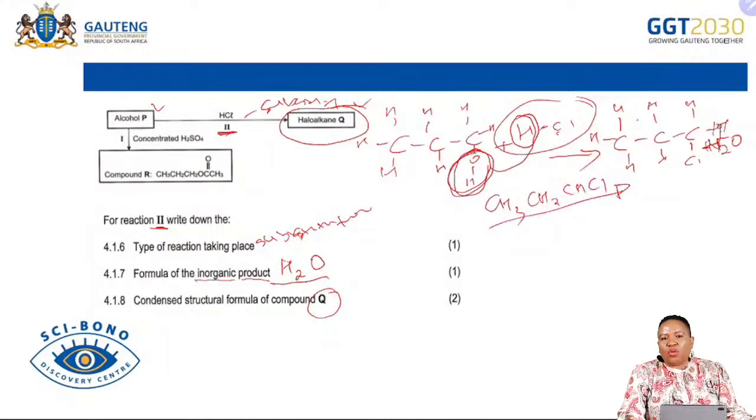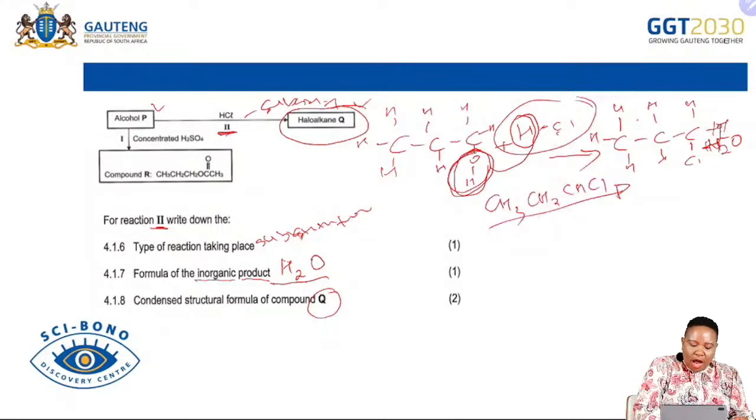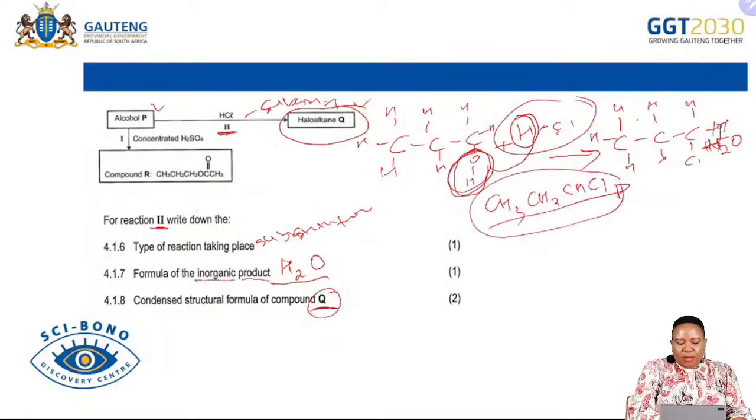Cracking will always give you organic compounds, but it will give you one alkene with other alkanes, because cracking is the process whereby a larger molecule is broken down into smaller useful molecules. So this is what the examiner expected from us in this question.